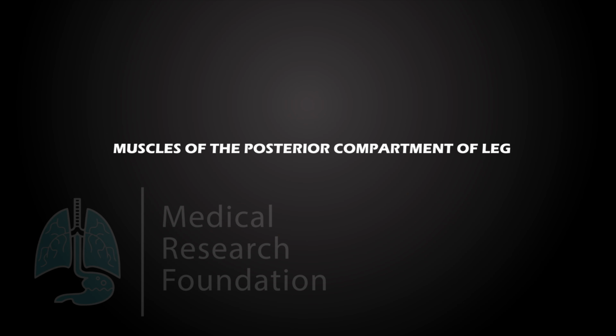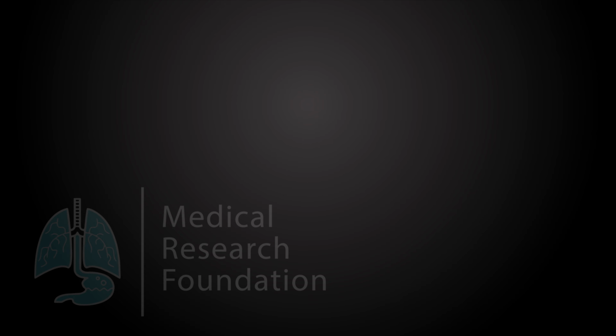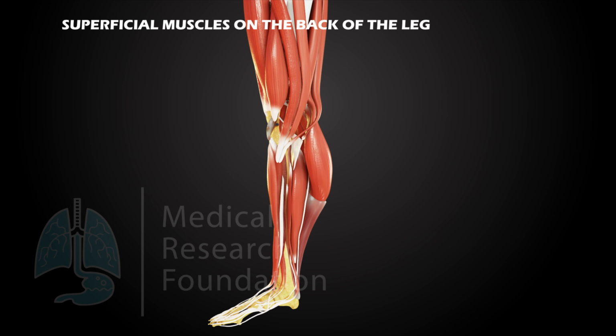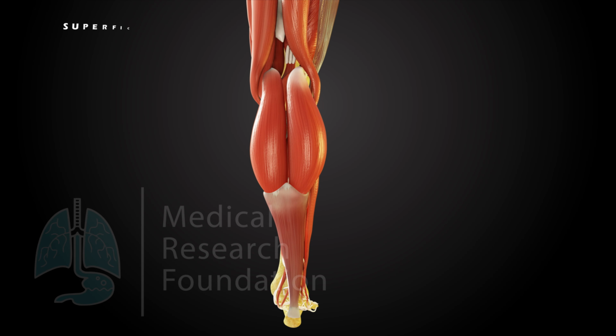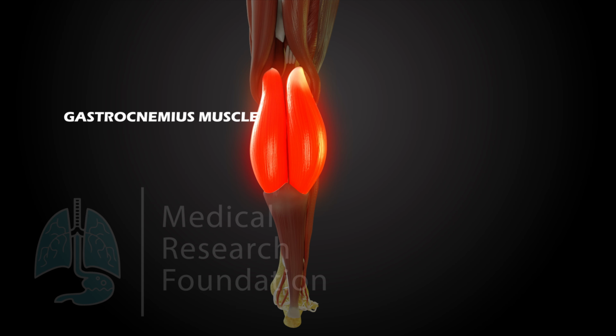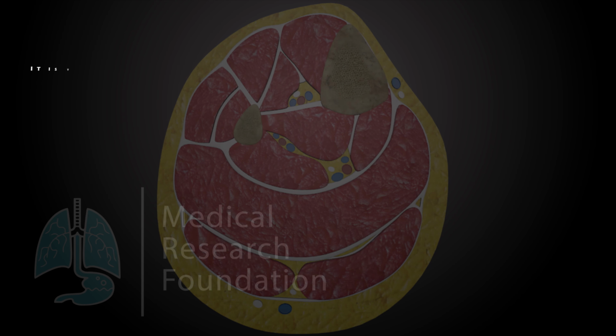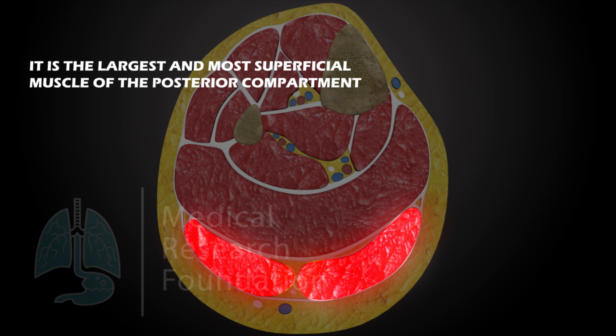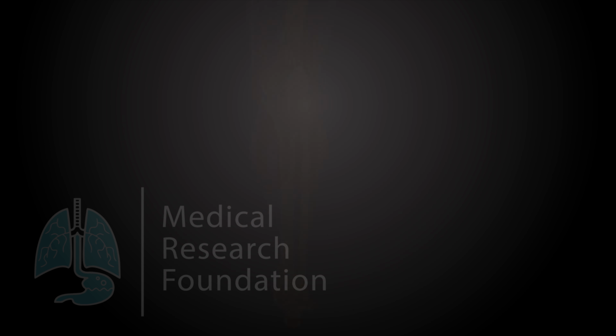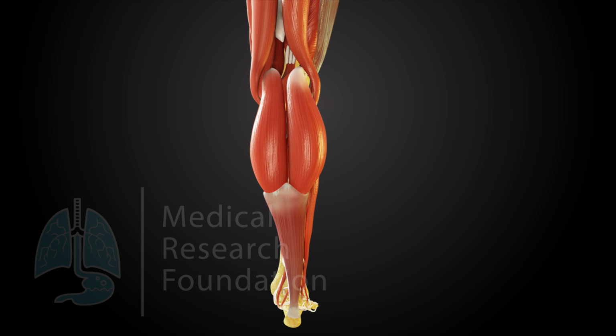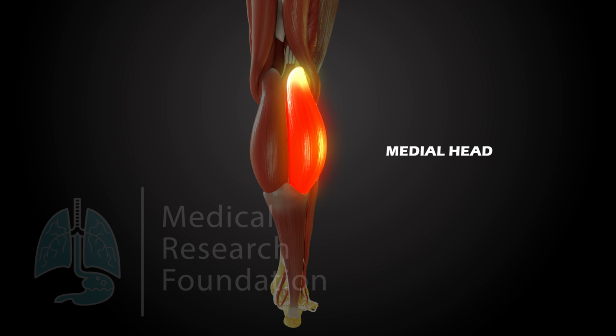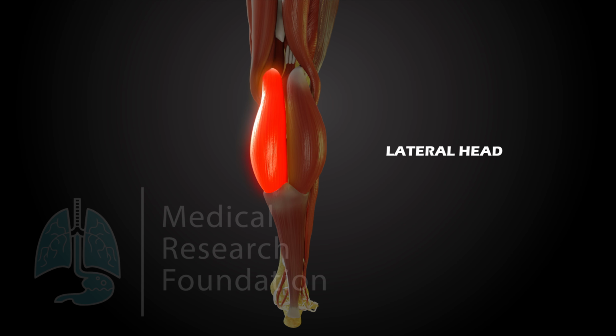Muscles of the posterior compartment of the leg, superficial muscles on the back of the leg. Gastrocnemius muscle. It is the largest and most superficial muscle of the posterior compartment. It consists of two heads, medial and lateral.